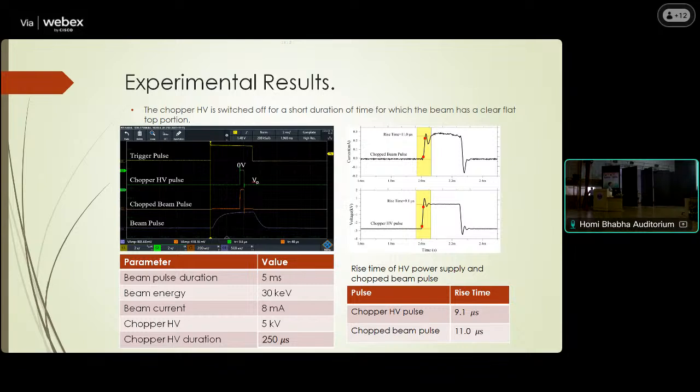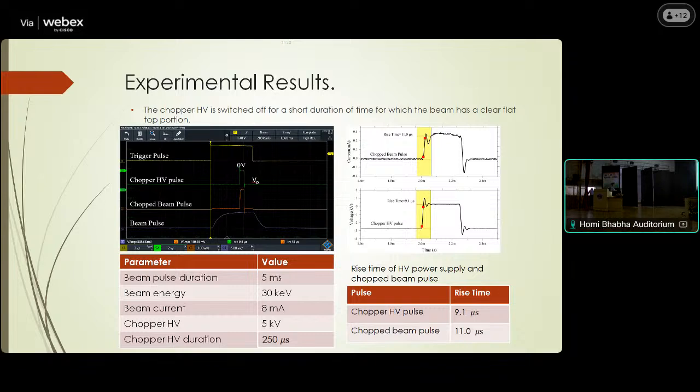Now we are talking about this beam pulse having a 5 millisecond pulse width, done for a beam energy of 30 keV. The beam current was 8.1 milliampere or so, and the chopper HV about 5 kV, applied for about 250 millisecond.